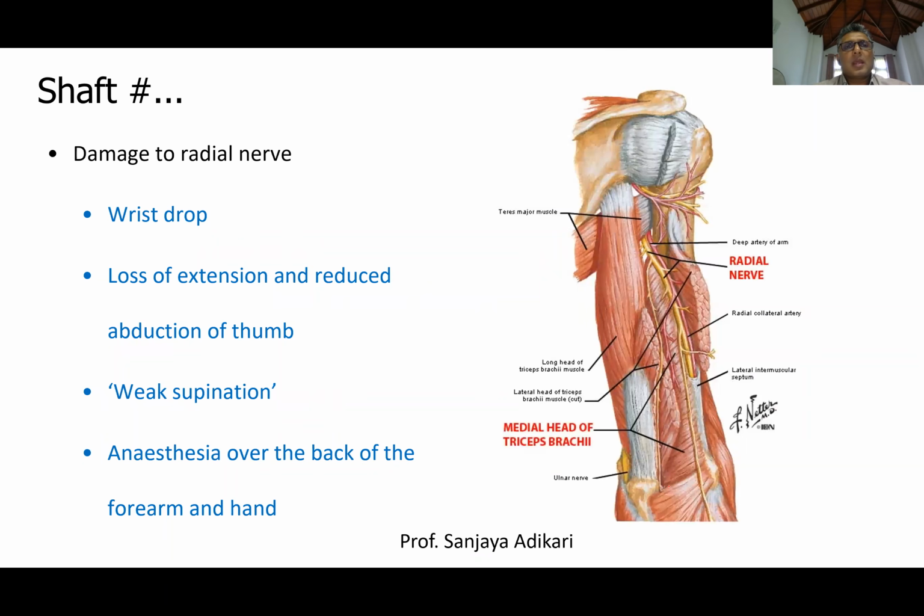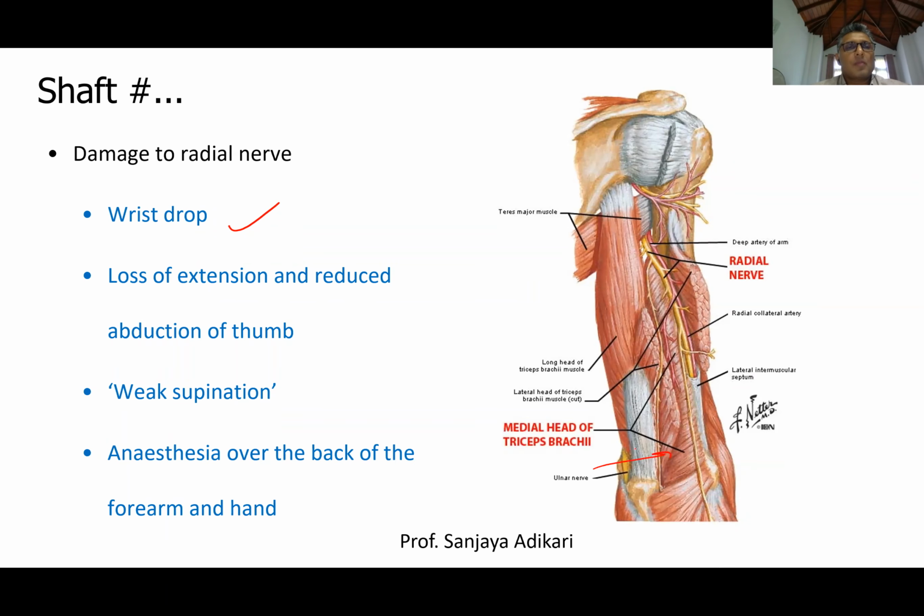Then damage to the radial nerve in a mid-shaft fracture, in the radial groove, will give you wrist drop. You will get wrist drop because all the extensor muscles of the fingers and the wrist are gone. It's the deep branch of the radial nerve, and before the deep branch is given, some muscles are supplied by the radial nerve in that area, so that is all gone.